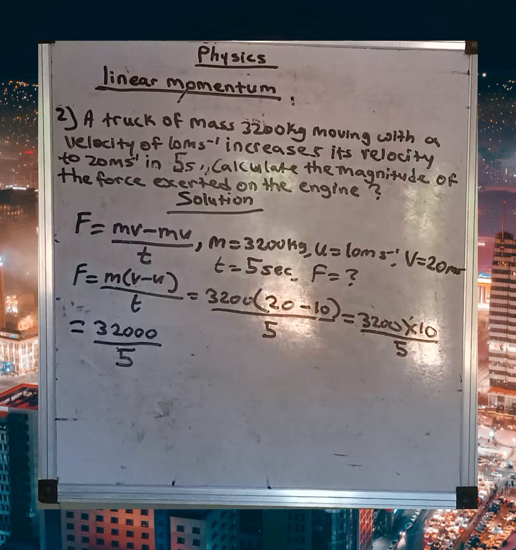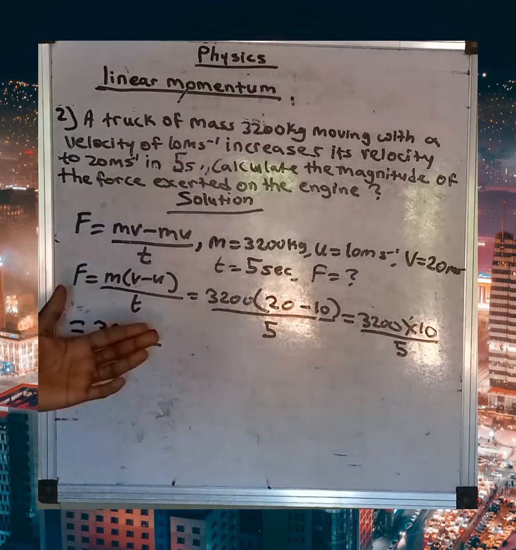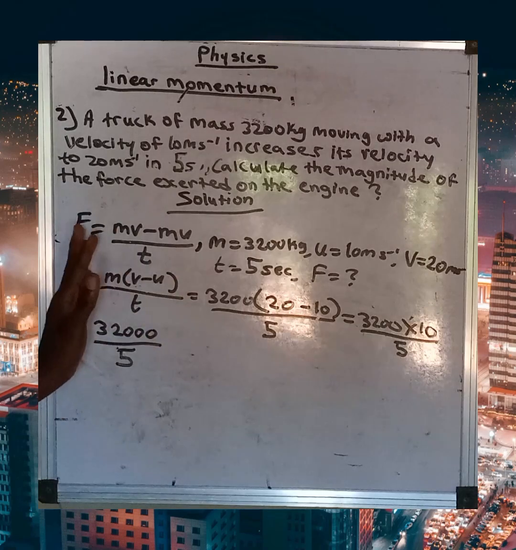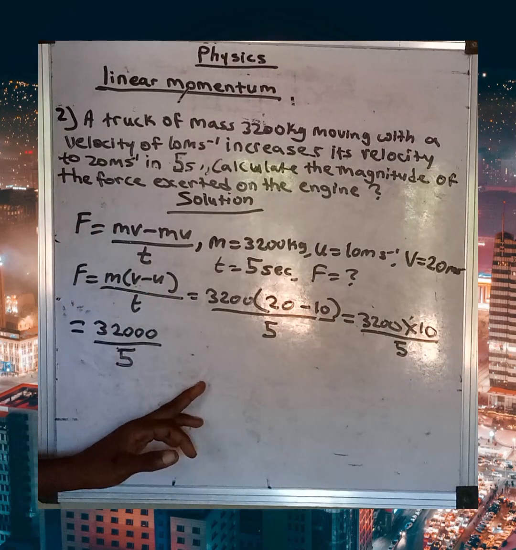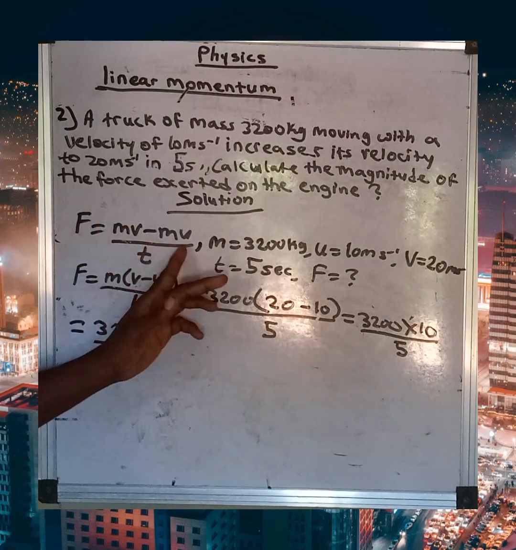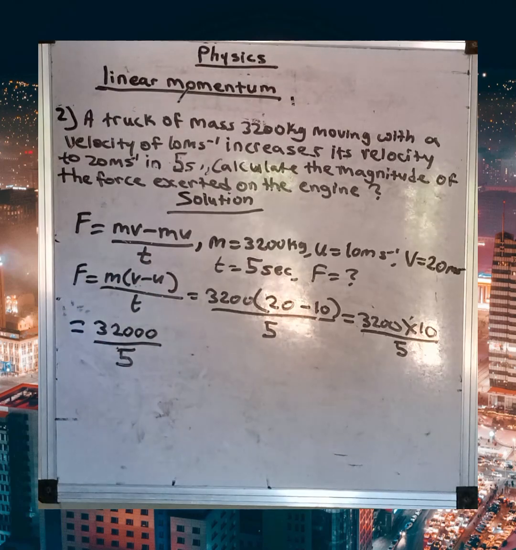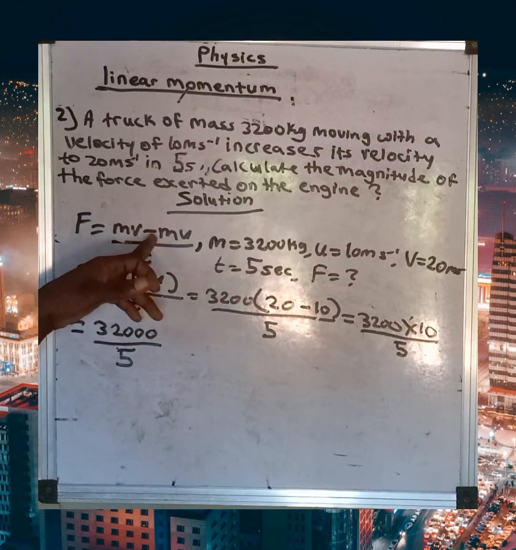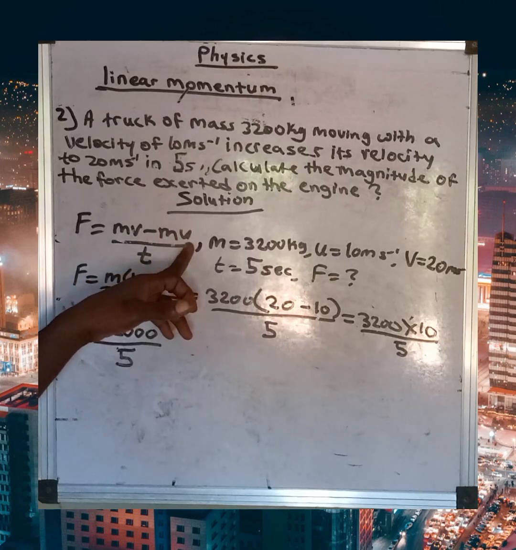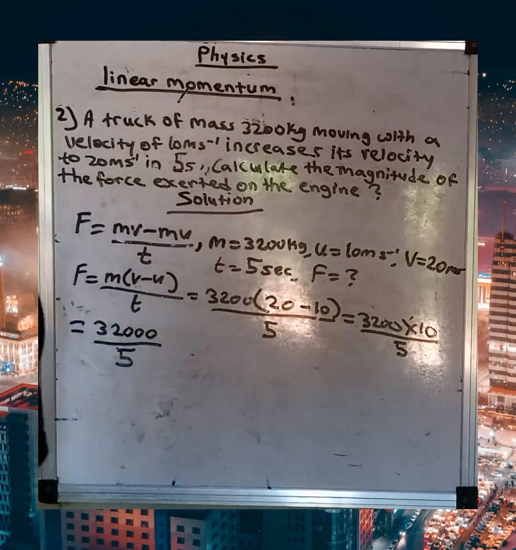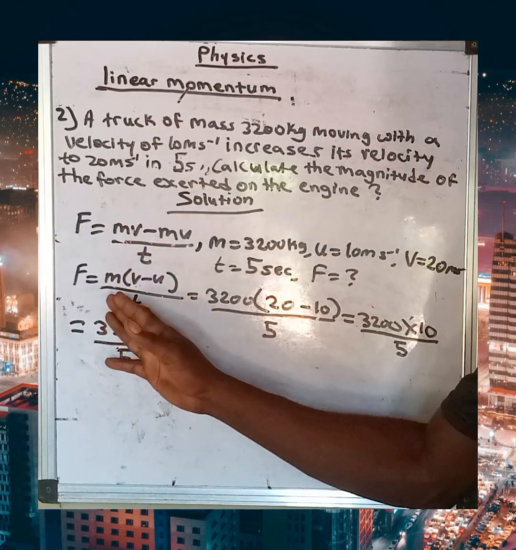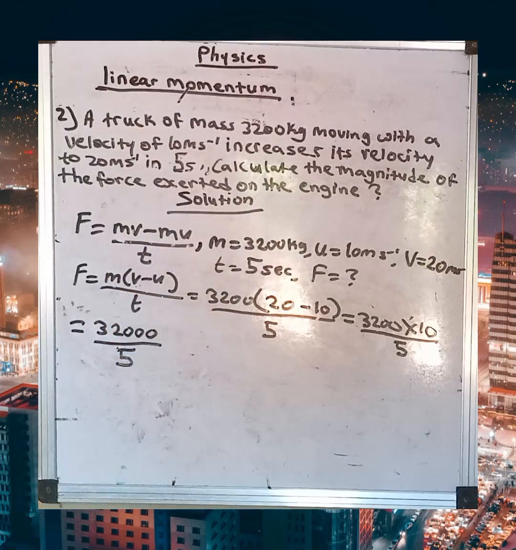So if you look at this, we are almost there to our final answer. As you can see from here now, we use this formula mv minus mv all over t. But if you are going to introduce 32 here times this minus 32 times this, it will make the solving cumbersome. So I thereby simplify this formula by doing this, as you can see.